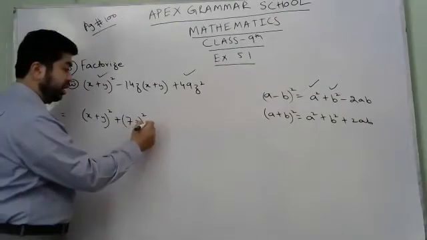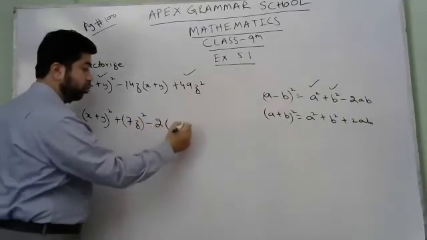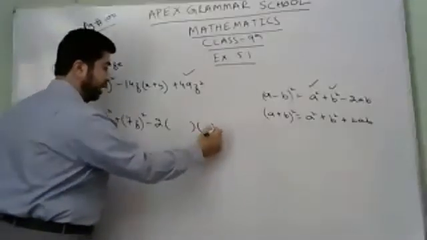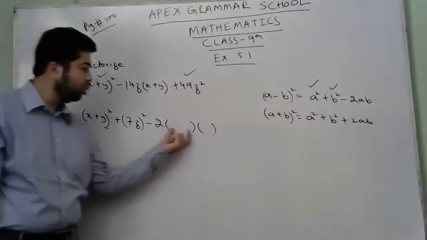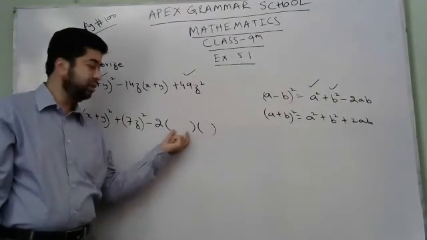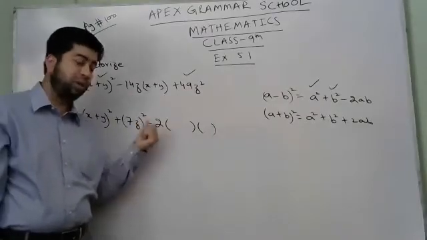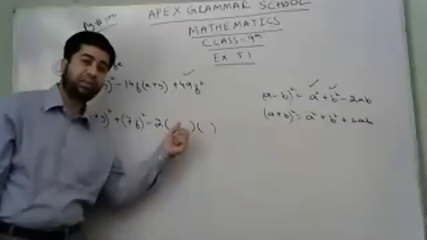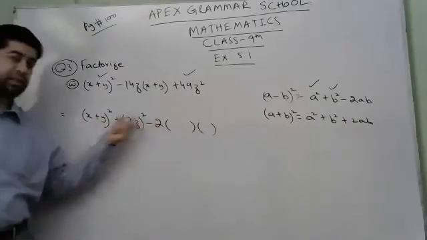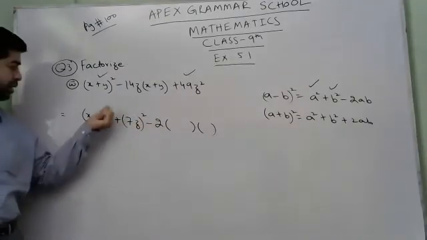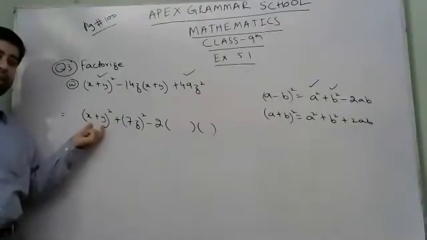So I am writing it in the form of minus 2a and b. Instead of writing minus 14z(x plus y), you write minus 2 then a. What is the value of a here? The value of a is beneath this square, that is x plus y.